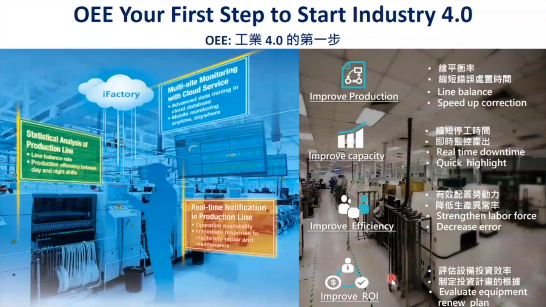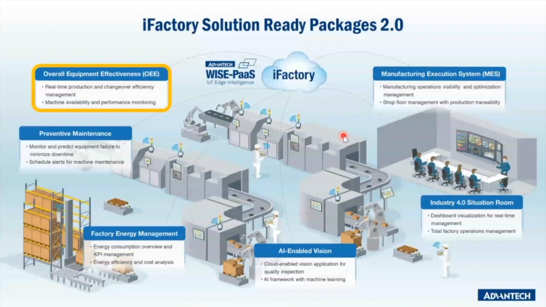So this page is actually our iFactory solution. As you can see, inside a production flow in the plant, there are a lot of possible activities that can be involved and can be done to help the production. We are talking about OEE, predictive maintenance, you can zoom into your factory energy management.